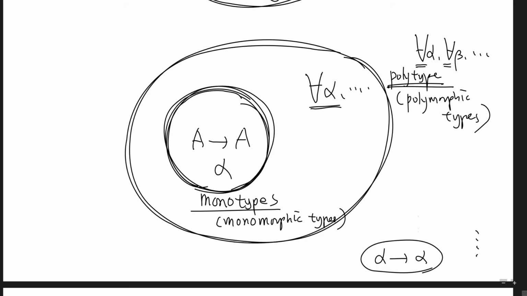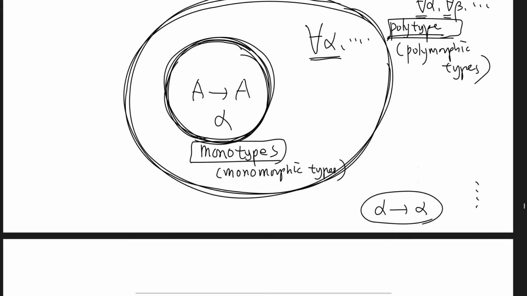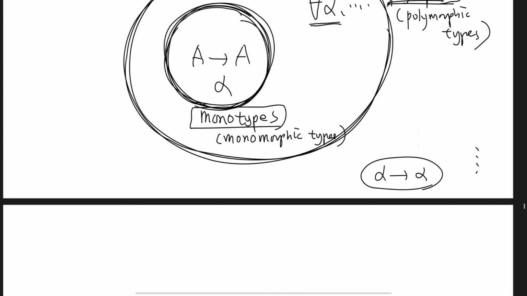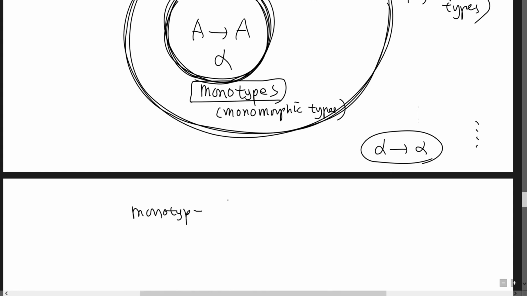So now we stratify the set of types into two layers, the inner layer called the monotypes and the outer layer called polytypes. Now let's turn this diagram into the formal definition of two syntactic categories. Here's the definition, monotype and polytype.